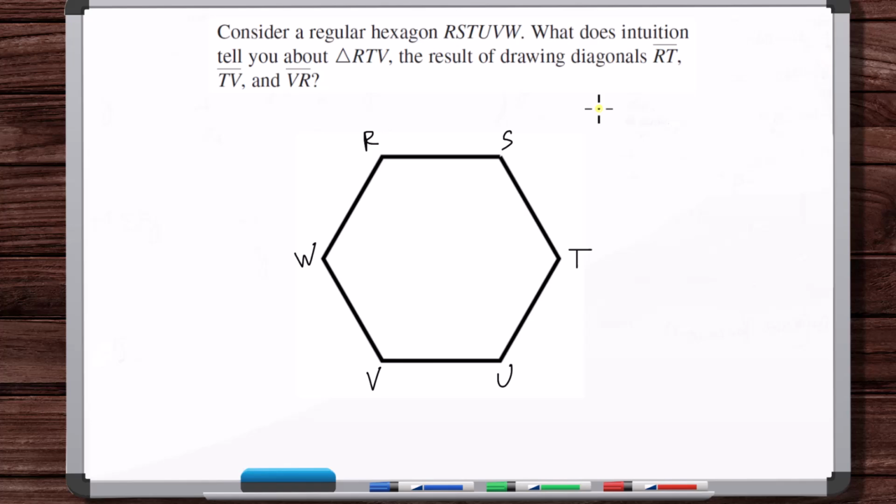Okay, so now with that, let's draw segment RT, segment TV, and segment VR. Okay, so what does intuition tell us about this triangle here, RTV? Well, it looks like it's going to be equilateral, I would say. It seems like all of these sides are of the same length. That's what I would say.